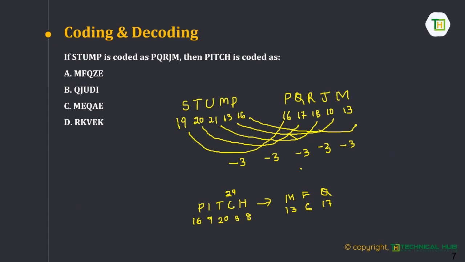Subtracting, 29 minus 3 means 26, and 26 is the last letter of the English alphabet, Z. And H means 8; subtracting 3, 8 minus 3 means 5, and 5 means E. So the answer is MFQZE. Among the given options, option A is the correct answer.